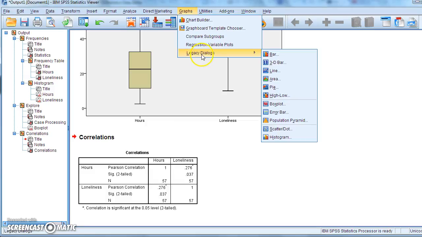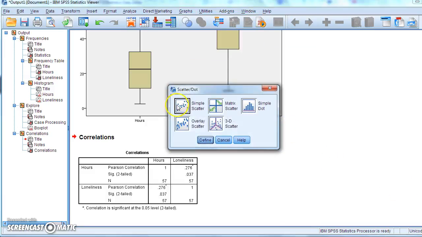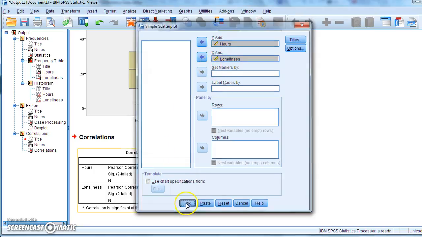So legacy dialogs under graphs again, and then we go to scatter dot here, simple scatter, and we define, and we've got an x-axis, which is the one going across the bottom, and a y-axis, the one which goes up. Simple way of remembering that I use is y's up, and then OK.